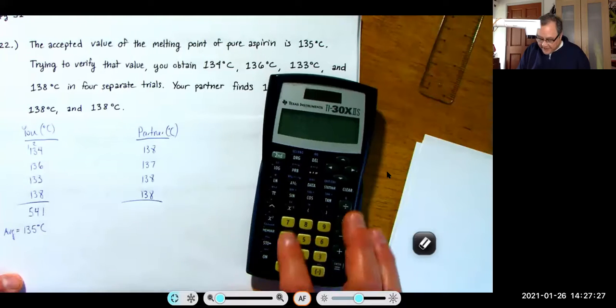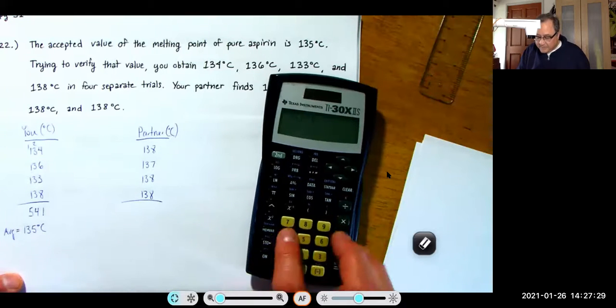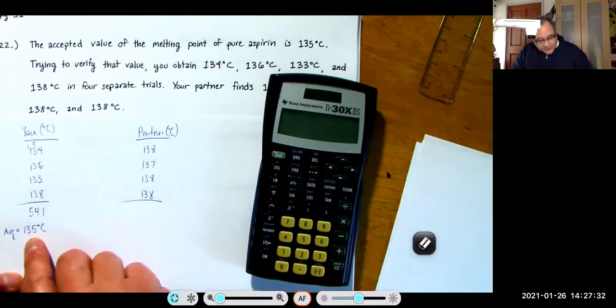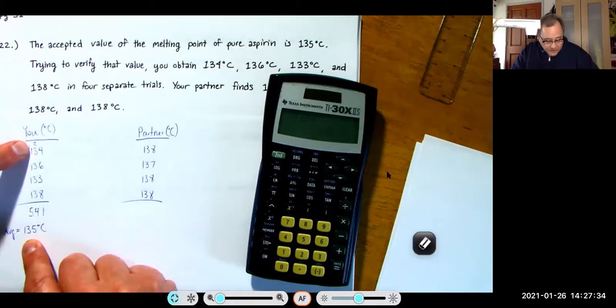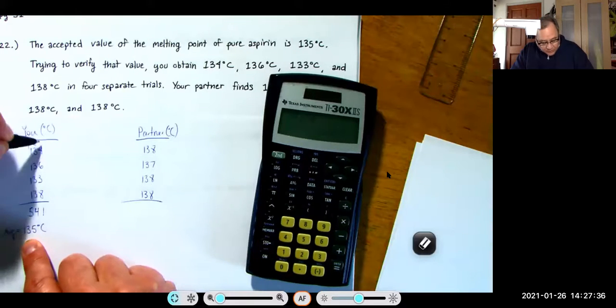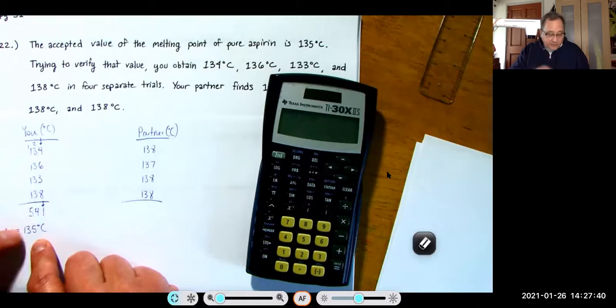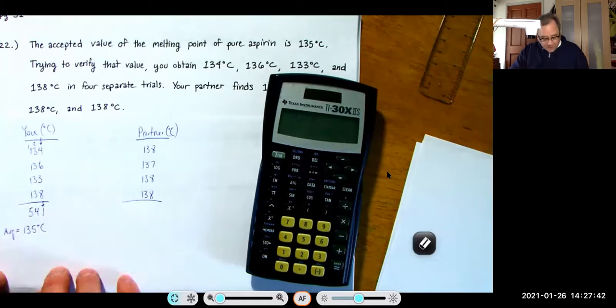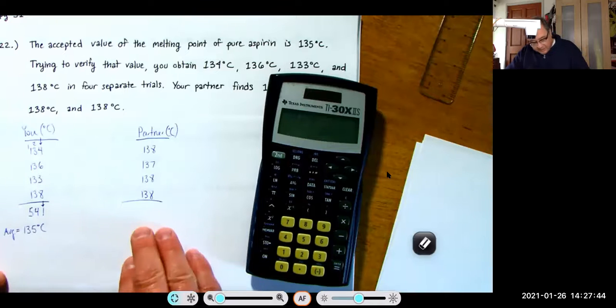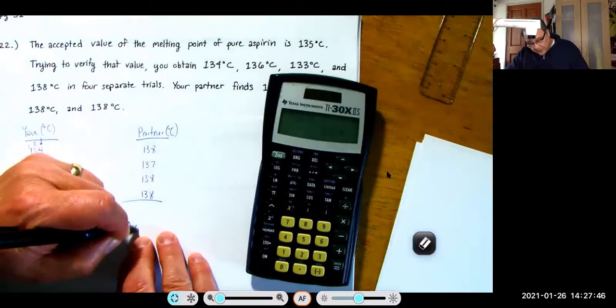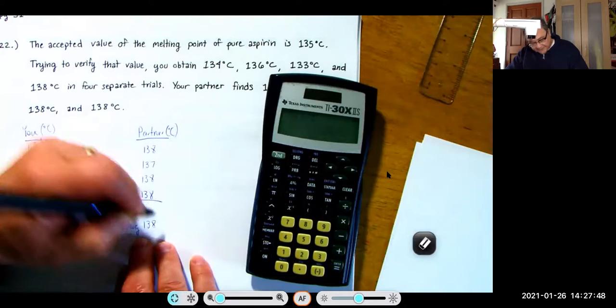Let me double check that. And I round to 2 sig figs because each of these is good to the ones. So when I total it, it's good to the ones. And when I divide by exactly 4, I get 3 sig figs. Over here, I'm not going to show you the work, but the average is equal to 138 degrees Celsius.